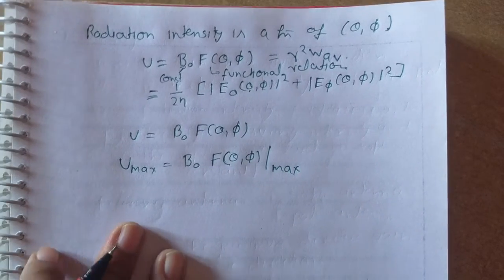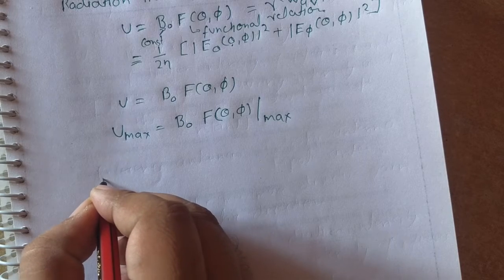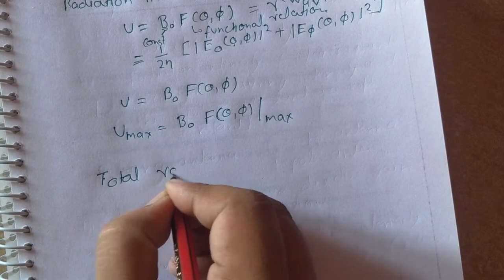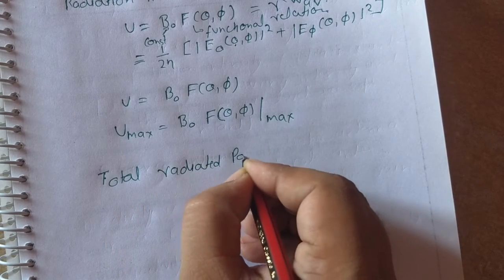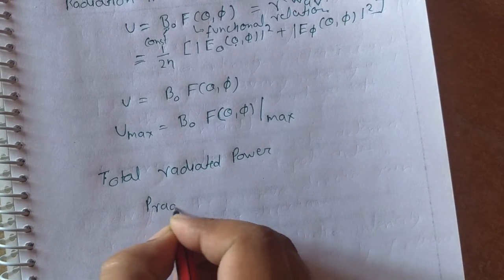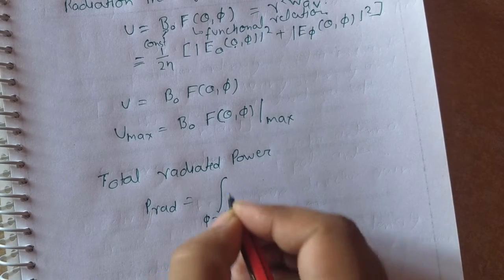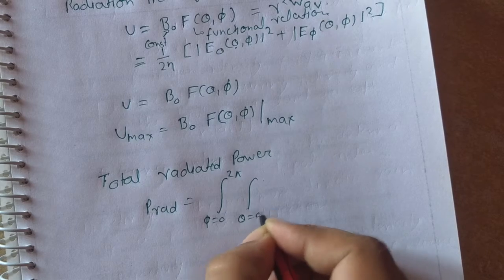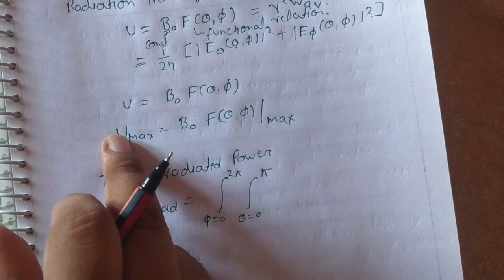So total radiated power P radiation equals the double integral where phi varies from 0 to 2 pi and theta varies from 0 to pi of U sin theta d theta d phi.